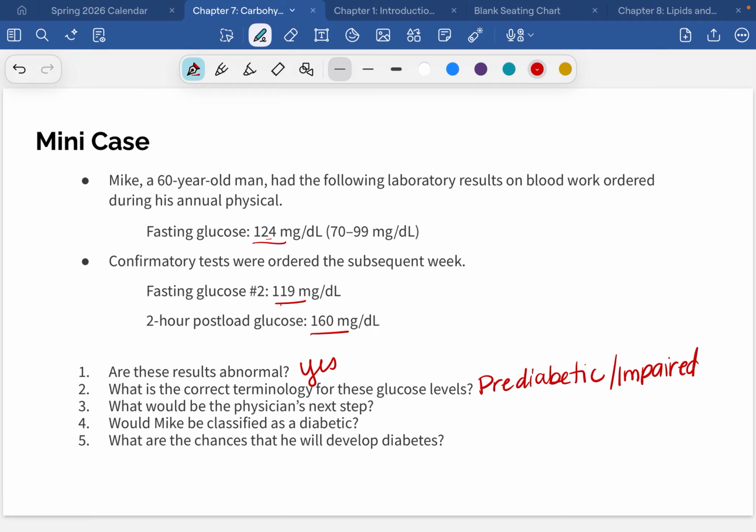So the physician's next step typically would be not to go straight to medicine and things like that, but it would be trying to control this with diet and exercise. It's possible, I talked a little bit about this last time, that these drugs like GLP-1s, Mounjaro, Ozempic, things like that, were originally developed to treat diabetes mellitus and insulin resistance.